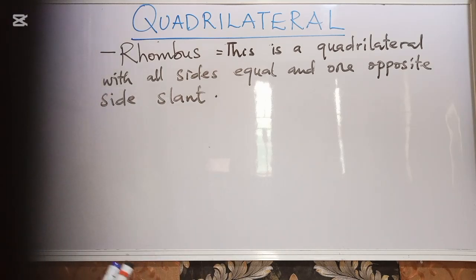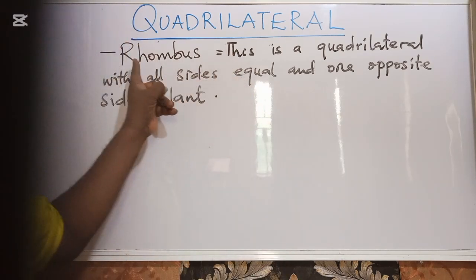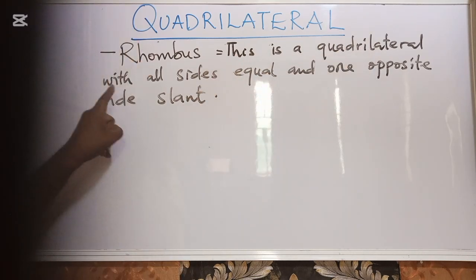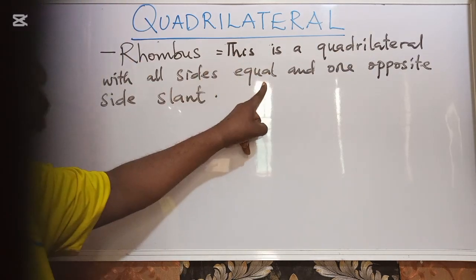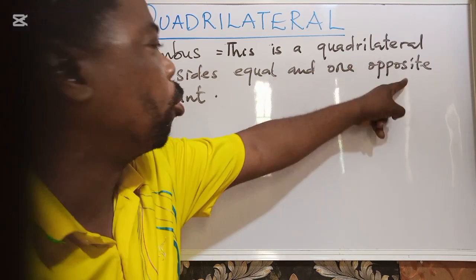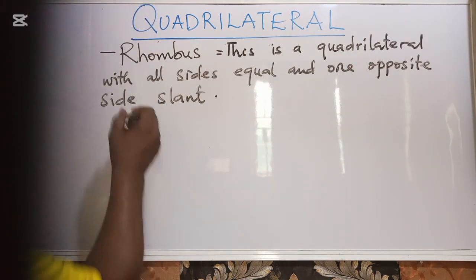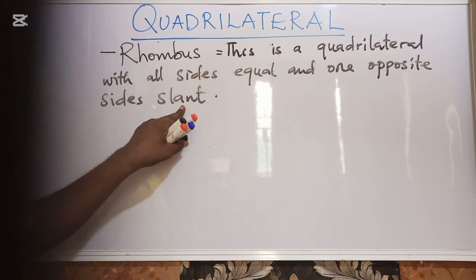Okay. This is a bit technical. I said rhombus is a quadrilateral with all sides equal and 1 opposite sides slant.